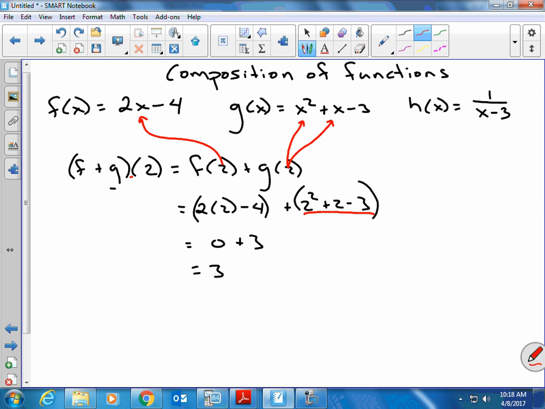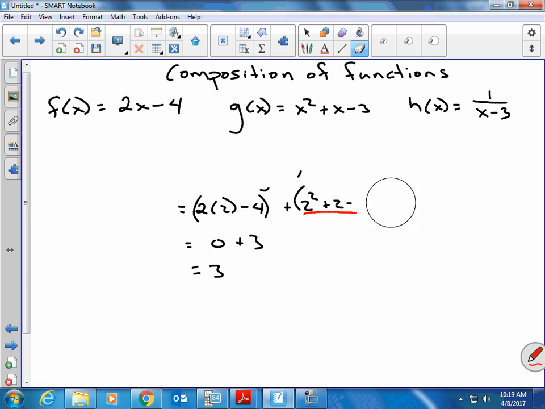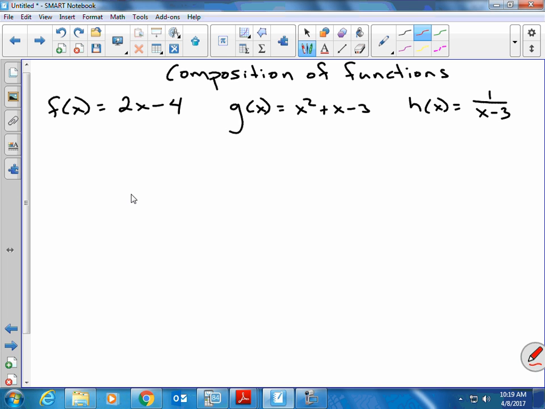When you do basic computation with functions, it is simply evaluating each function separately and either adding, subtracting, multiplying, or dividing. Your turn. Let's try a few. Whenever you feel comfortable and you're ready to go, hit pause and you can give them a try.